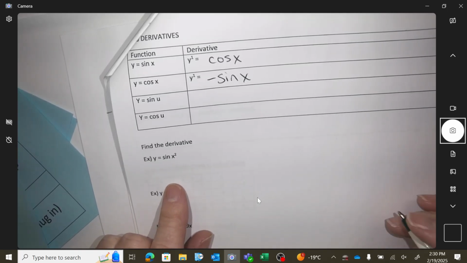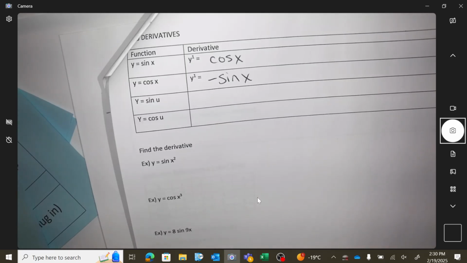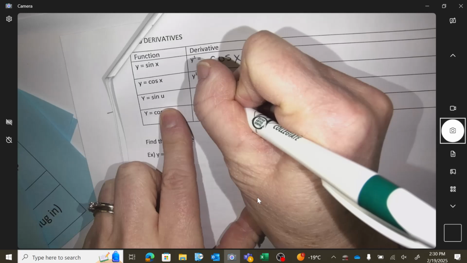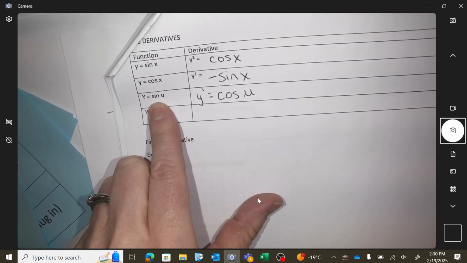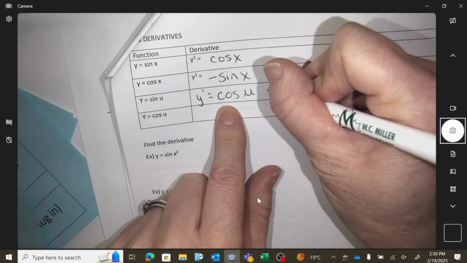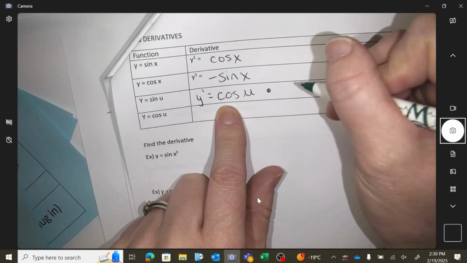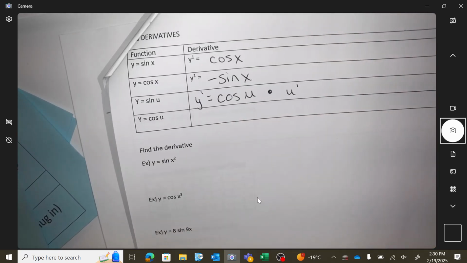Okay, do you remember what we did last time? We had like a bracket family. We called it u instead of just an x. So when we derive this, we're going to do cos. The derivative of sine is cos, but then we're going to attach a chain, which is the family's derivative.